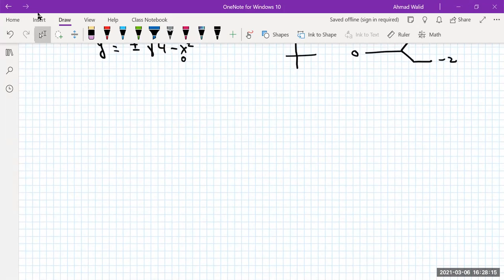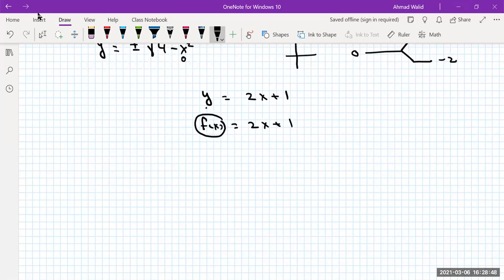Now, function notation. Usually, equations in two variables, for example, y equals x plus 1, the other notation for this equation will be f of x equals x plus 1.